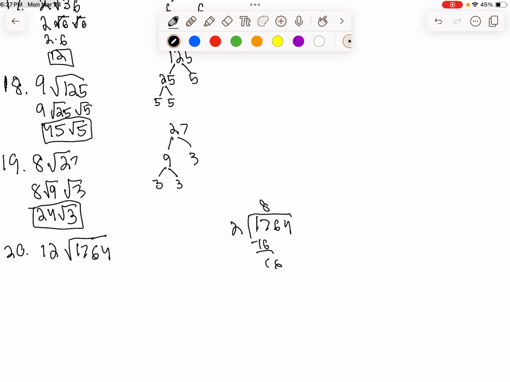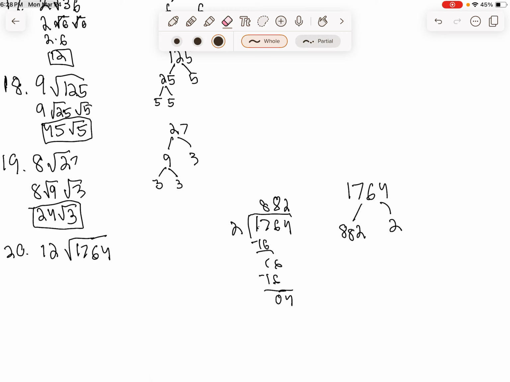Bring down the 6. 16 again, another 8. 0. Bring down the 4. 4 divided by 2 is 2. So we'll break it into 882 times 2.